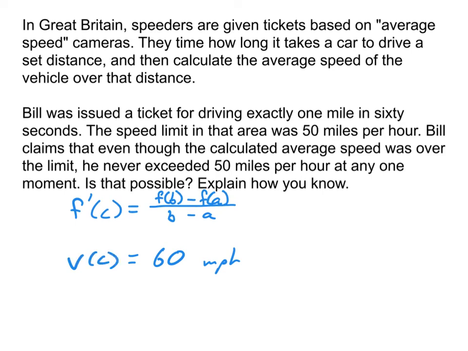And so then, therefore, we could conclude that his velocity at some point, now we don't know where that point is because we don't know his position function, but we can know for sure because of the mean value theorem that his velocity did in fact hit 60 miles per hour at least once during that time period. And therefore, we could conclude that no, his argument cannot possibly be true, that he never actually exceeded it, even though the average was higher.